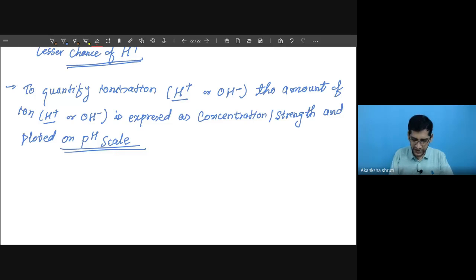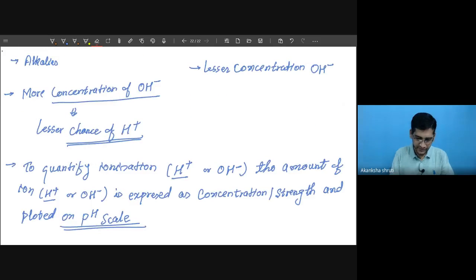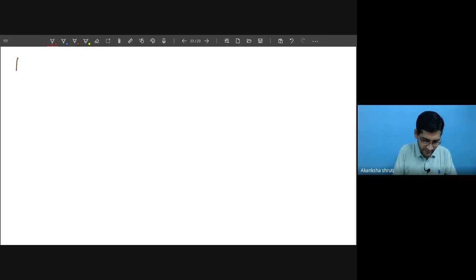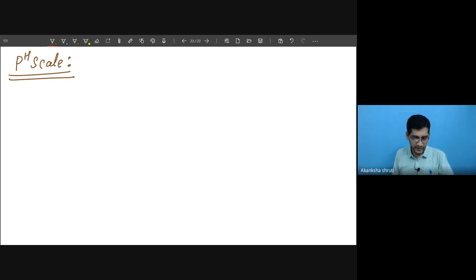Now we are going for pH scale. What is pH scale? So write down pH scale. pH scale is nothing but simply a scale over which this strength, or the amount of hydrogen ion liberated or OH minus ion liberation capacity, is presented. It is so simple.